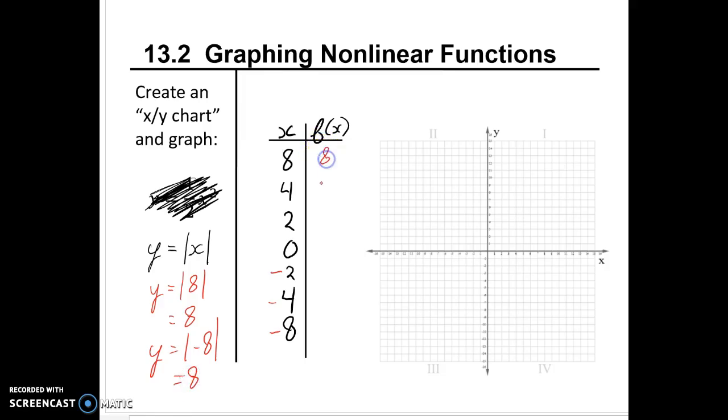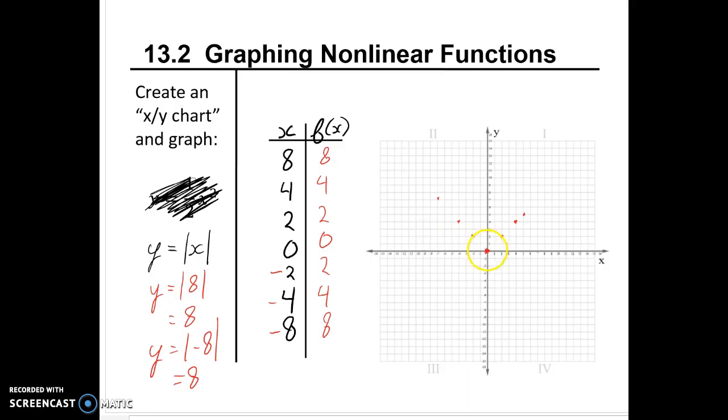So f of x is 8, 4, 2, 0, 2, 4, 8. Let's plot this. 0, 0. If it's 2, the absolute value is 2. If it's -2, it's 2. If it's 4, the absolute value is 4. If it's 5, it's 5. Maybe we can see what's going on here. 3, 4 and 4. 7 is going to be 7.